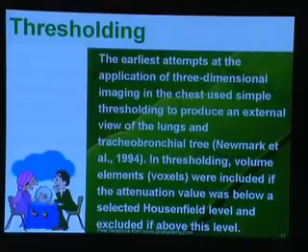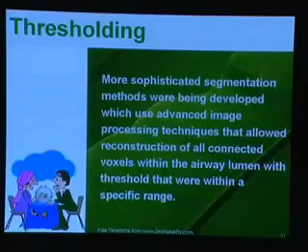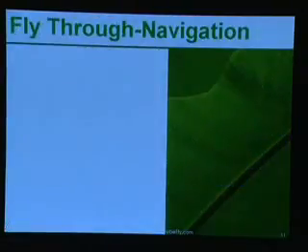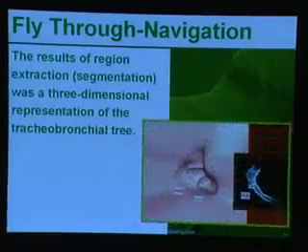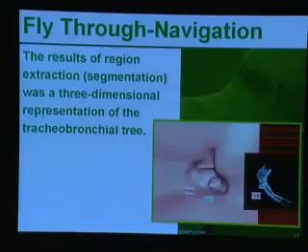It's embedded in the program. A more sophisticated method being developed with the use of advanced processing techniques allows reconstruction of all connected voxels within the airway. The result of regional extraction or segmentation is a 3D reconstruction representing the tracheobronchial tree.